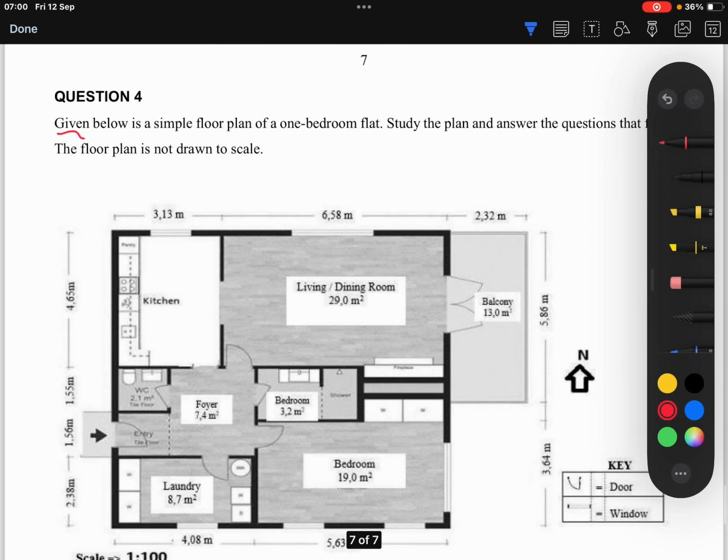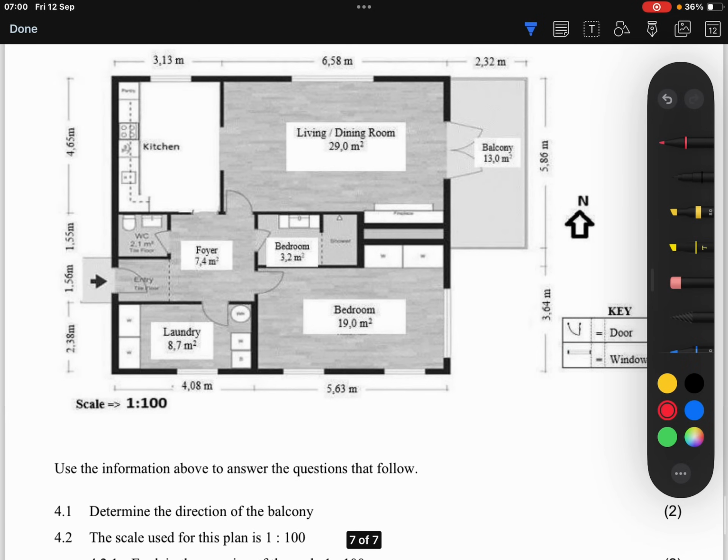Question 4. It says, given a simple flat plan of a one bedroom flat, study the plan and answer the questions that follow. The floor plan is not drawn to scale, right? This is the floor plan, guys. If you look at this floor plan, you have a bedroom and another bedroom, a laundry, a foyer, a living room, a kitchen, and a balcony.